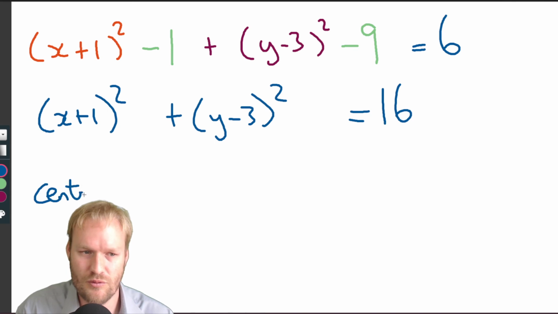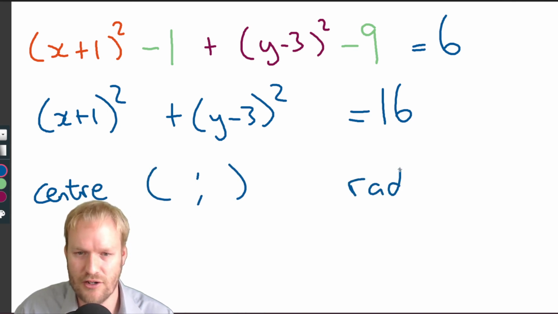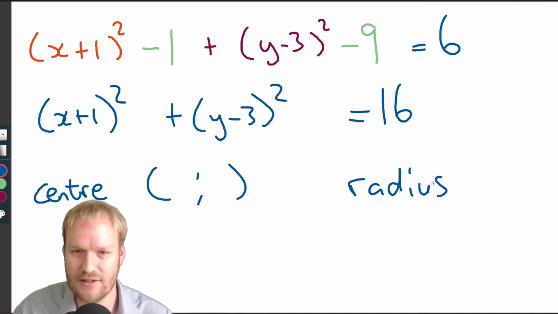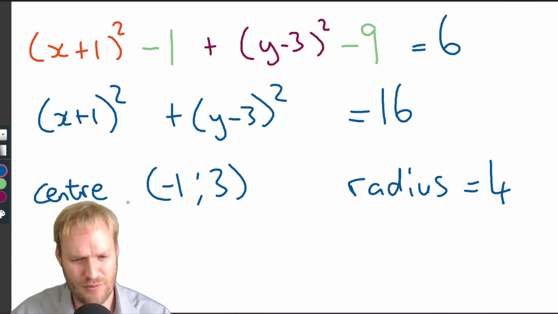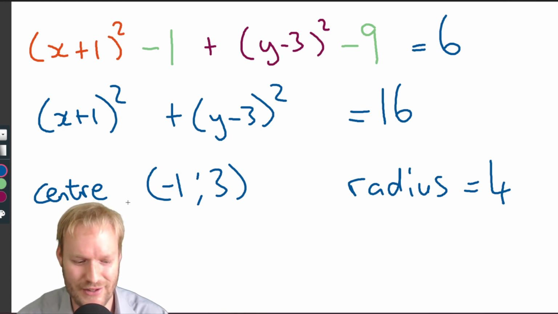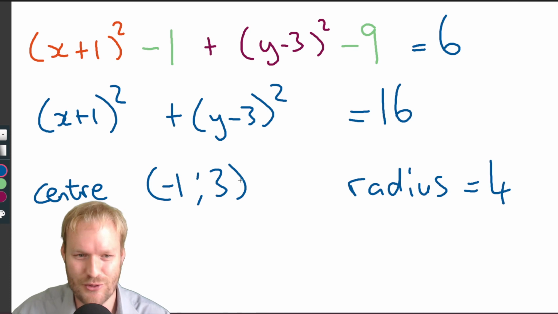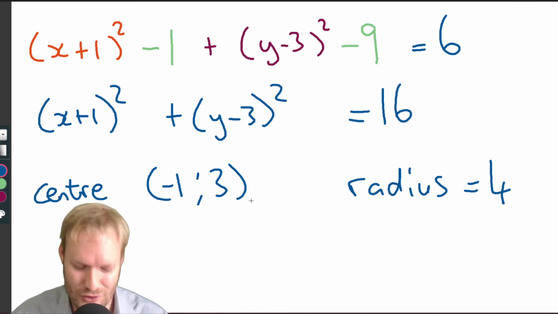So we can work out what our center is now, and we can work out what the radius is. So this was r squared, so the radius is 4. And our center is minus 1, 3. Okay, we'll come back to that kind of idea there of why the center is minus 1, 3 in the next video. So I'll see you there.